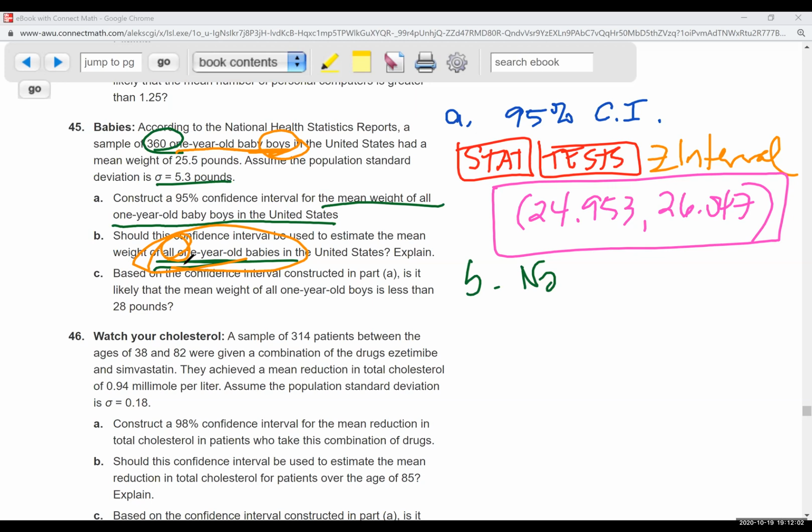Okay. So letter C, is it likely that the mean weight is less than 28 pounds? Yes, because as you can see that it is between 24.95 and 26.05. Any questions?